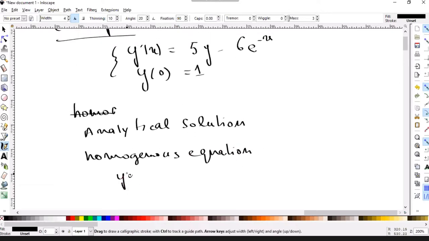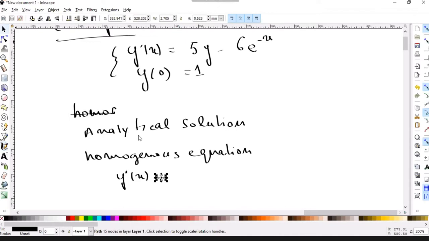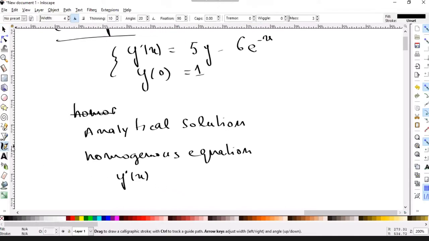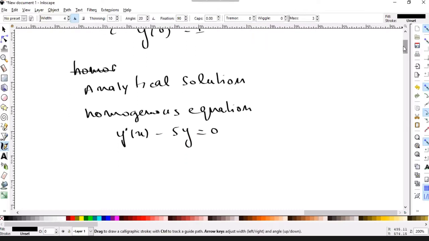okay, so I have y prime of x minus 5y equals 0. So here, same thing. This is a separable, the homogeneous equation. So you have dy over dx is equal to 5y.